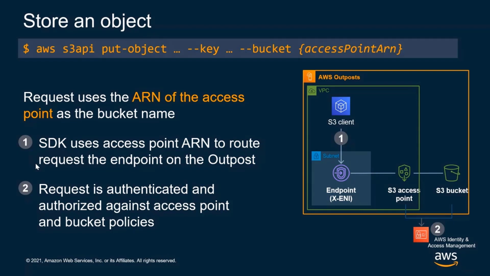The request then gets authenticated back to IAM in the AWS region to ensure that you have the proper privileges to create, get, or perform actions on that object. Once that's authenticated back to the region, you'll be able to access that object.